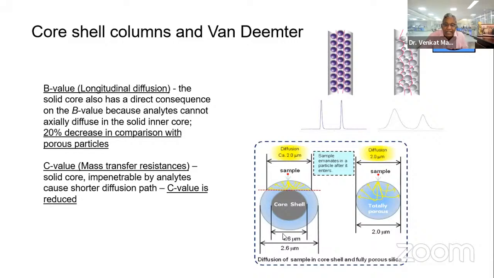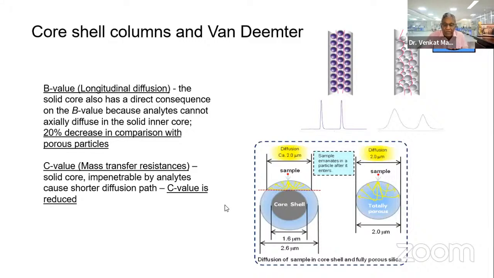Actually, this length is only 1.6 micrometer in the inner shell, where a sample is trying to interact. But effectively, the diameter of the outer portion is around 2.6 micrometer. Therefore, the particle size for diffusion purposes comes out to be around 2 micron. You can see very clearly. Therefore, my mass transfer becomes much better in this case.